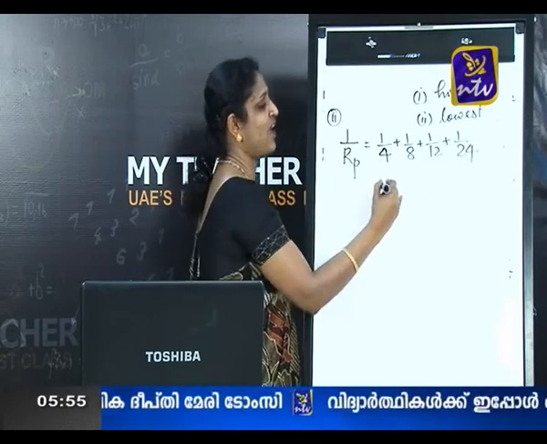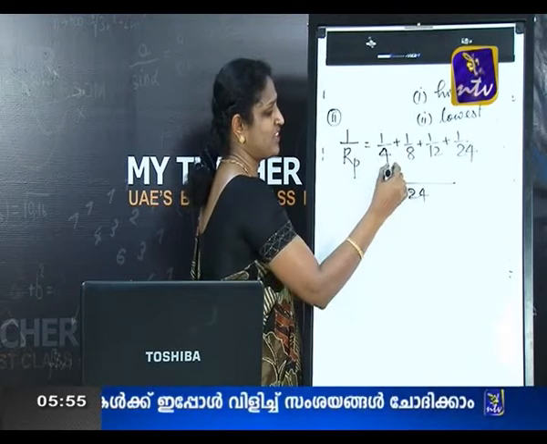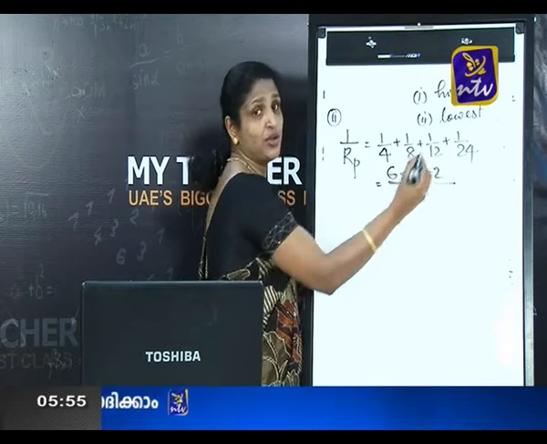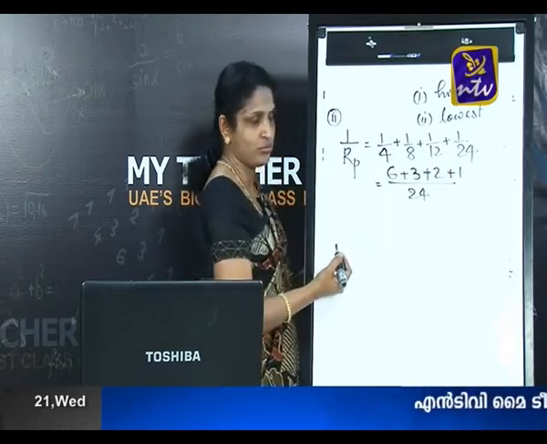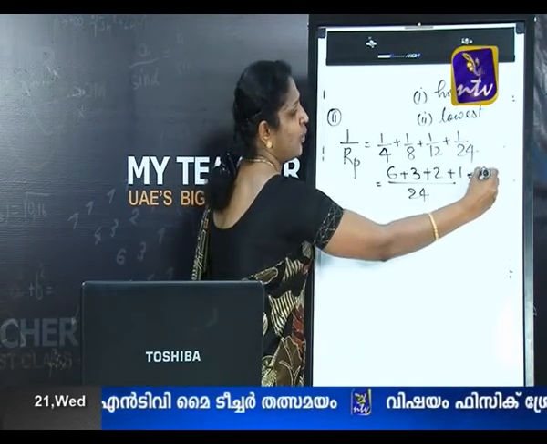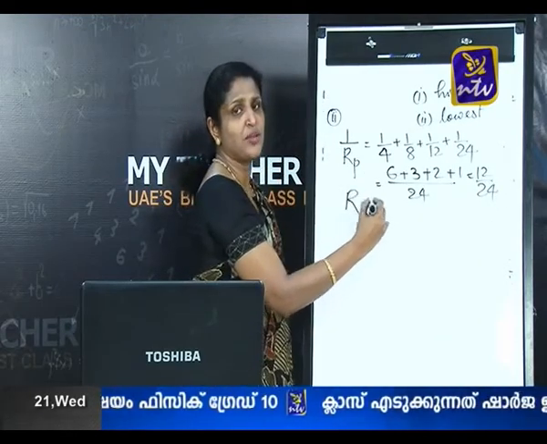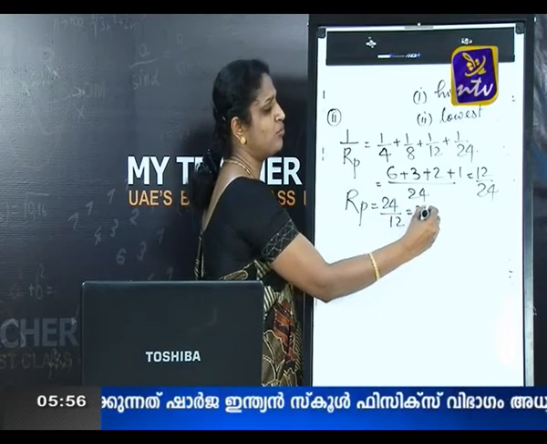You have to take the LCM 24: 4 6s are 24, 8 3s are 24, 12 2s are 24 and 24 1s are 24. 6 plus 3 is 9, plus 2 is 11, plus 1 is 12, so 12 divided by 24. That means the total resistance in parallel is 24 divided by 12, that is 2 ohm.